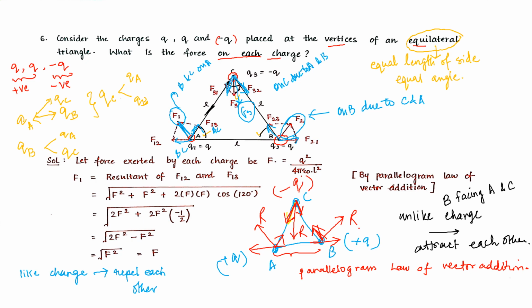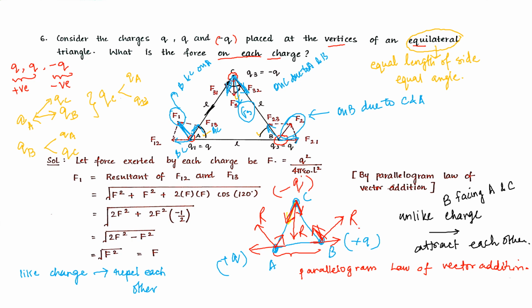In the similar way, when we approach the system of B and C, these B and C are having unlike charges, and hence will show the force of attraction, and hence these vector lines are going towards each other.